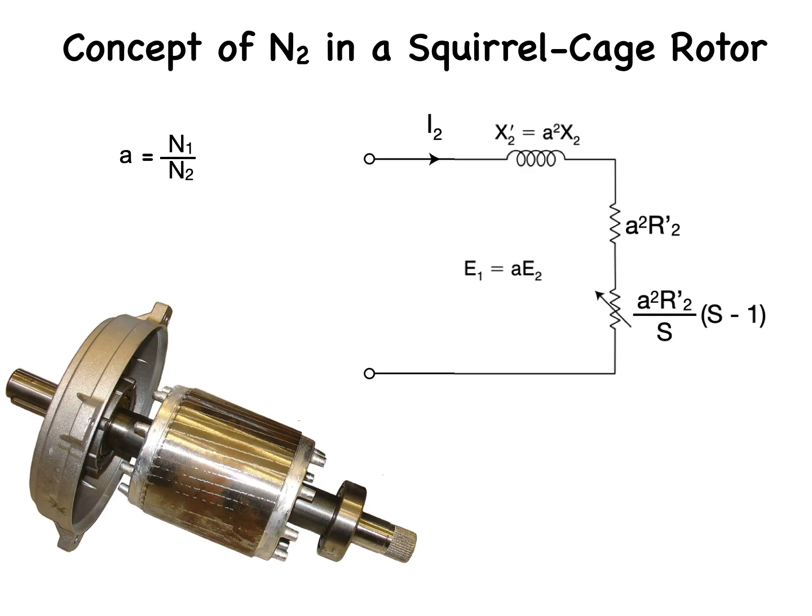In other words, N2 is not a physical count of bars, but an equivalent value used to model the caged rotor as a transformer secondary. Manufacturers and motor designers compute the effective turns ratio, A, or N1 over N2, during the design.